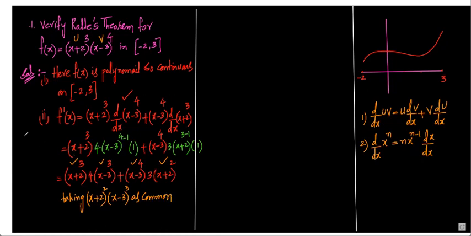So if you take common, then you can see f dash of x is equal to, the common term taken out is x plus 2 whole square into x minus 3 whole to the power of 3. If you take it out, what is left of x plus 2 whole power 3?